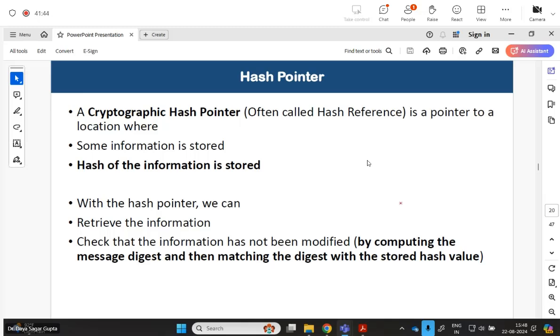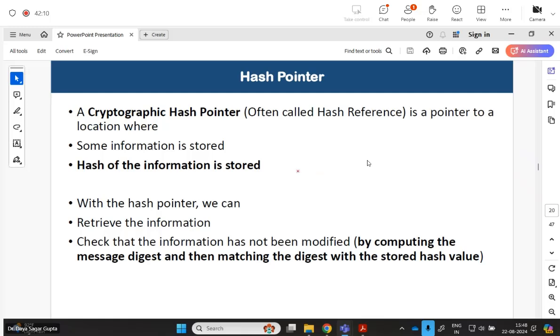Okay. Since the hash of M and the hash of M dash are not similar, we have already seen that these are not similar due to the property of collision resistance, or collision free property.